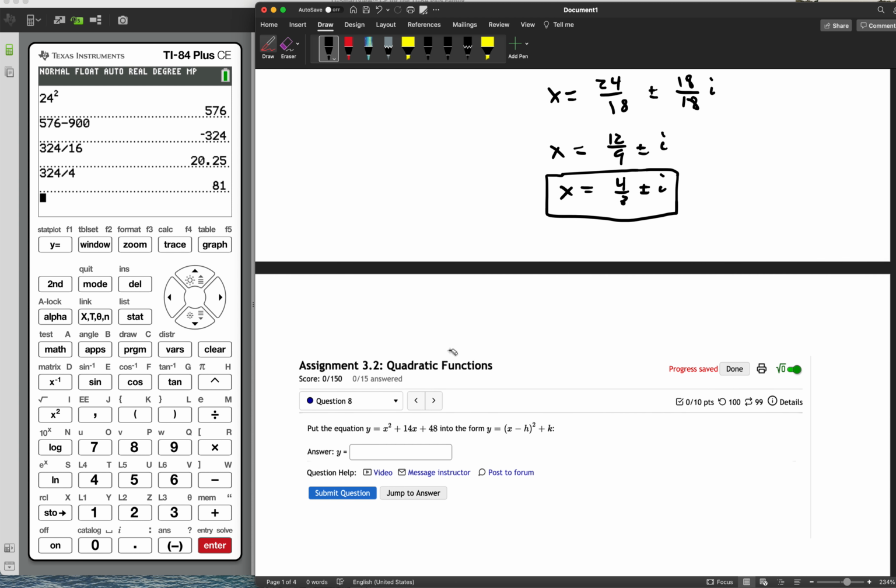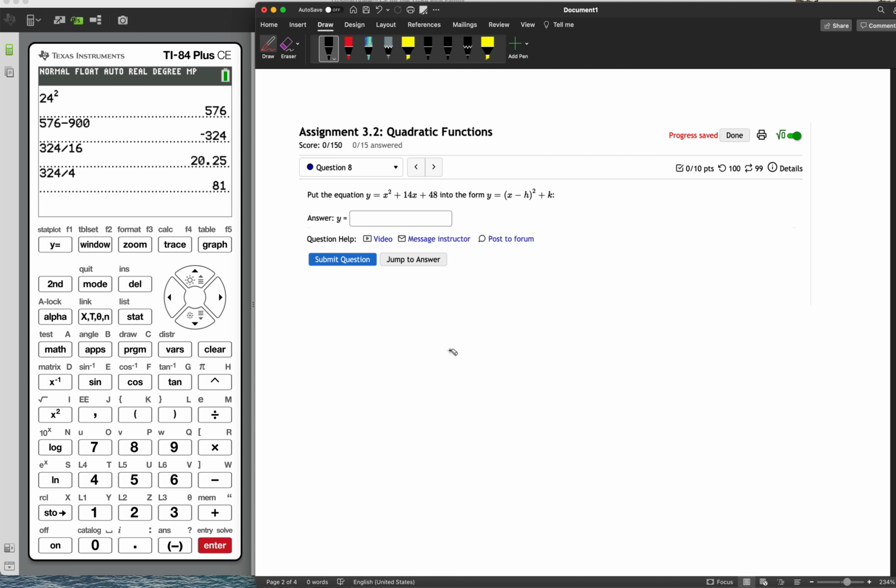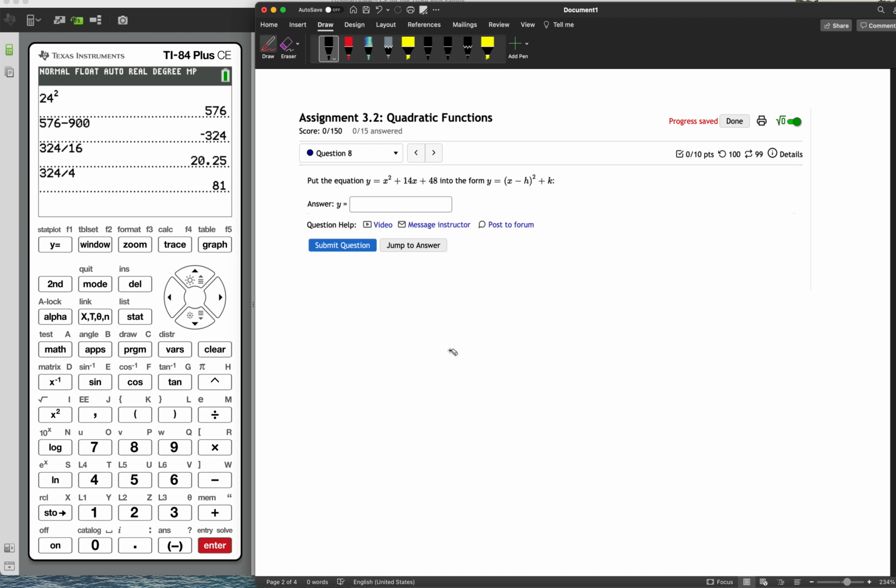Let's look at the next problem. In this problem, we want to place this quadratic into the standard vertex form. So, standard vertex form, let's use the method of completing the square.